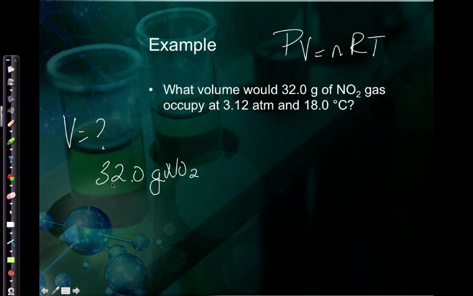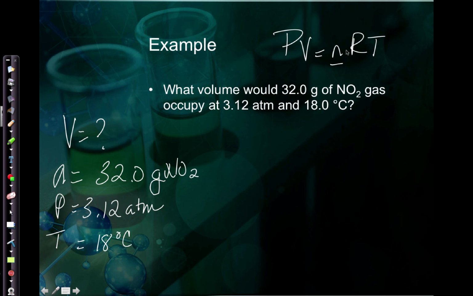If they give you 32 grams, that more than likely is going to be your n, your amount, the number of moles, but we can get moles from grams. It also tells us that our pressure is 3.12 atmospheres, and our temperature is 18 degrees Celsius.